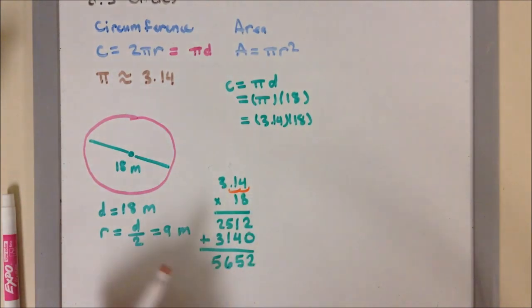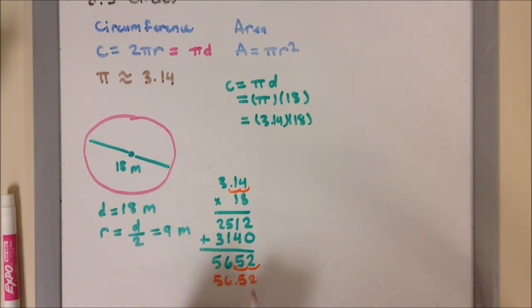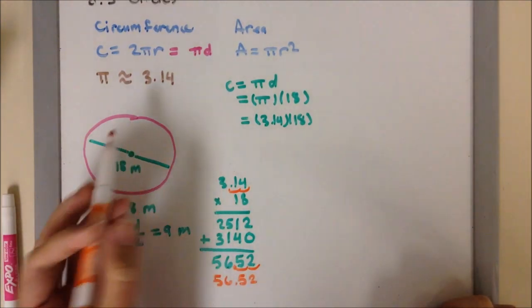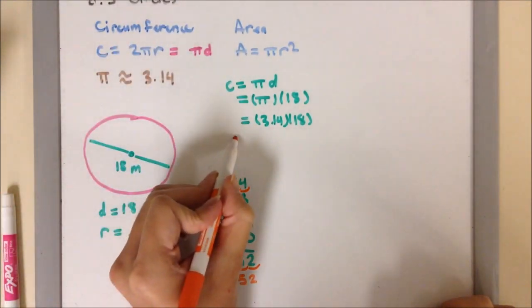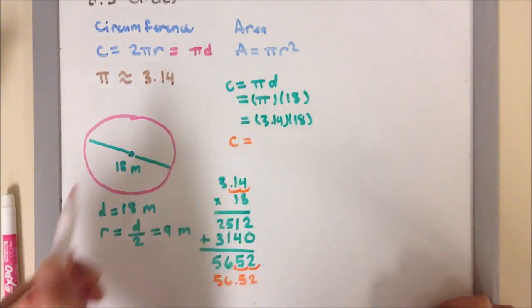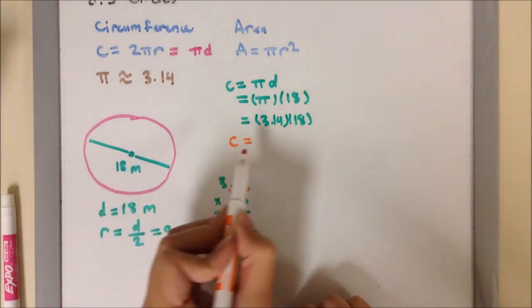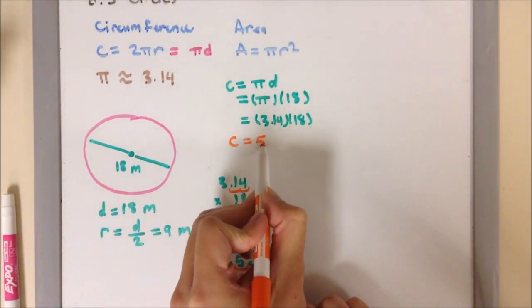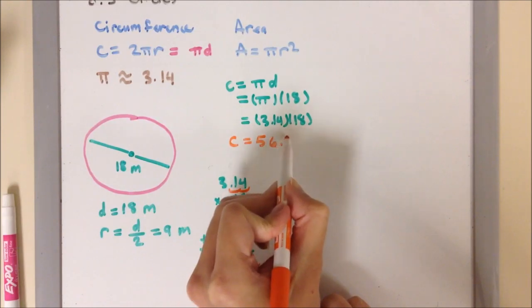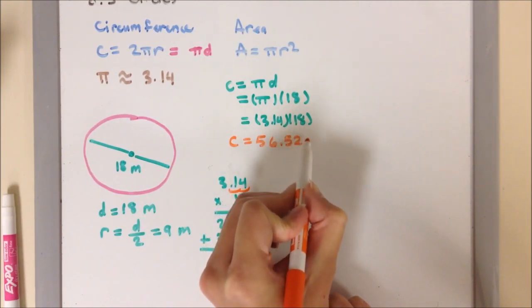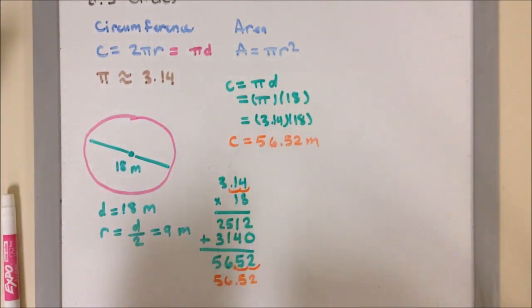So the total is 2. So starting from the right, I'm going to move 2 decimal places. So right here. So it's going to be 56.52. So that means that my circumference right here will be 56.52 meters. So that's my final answer.